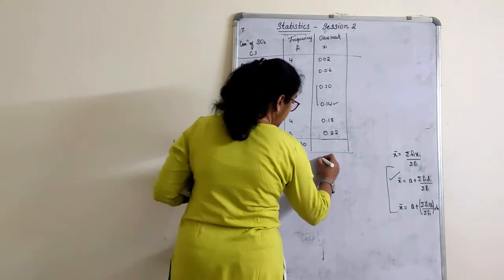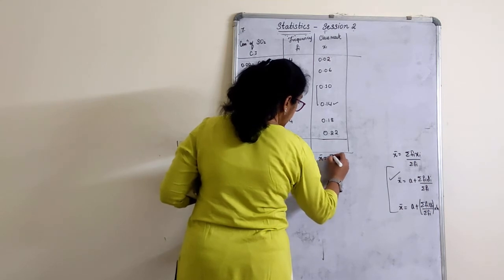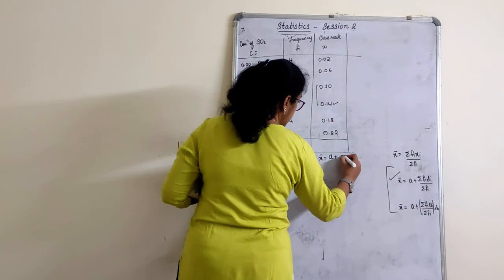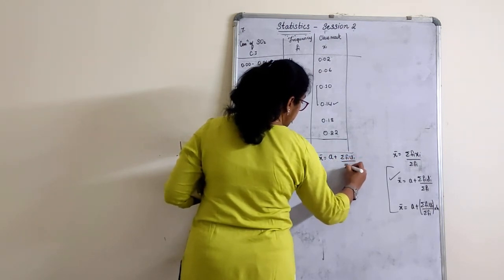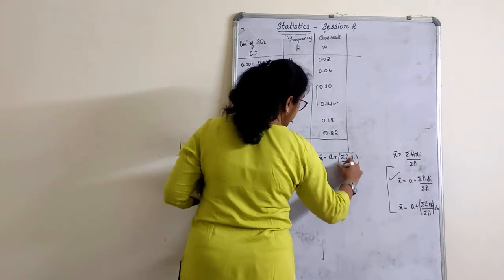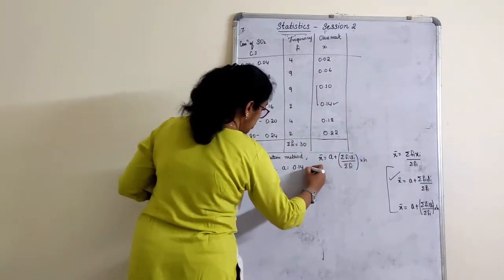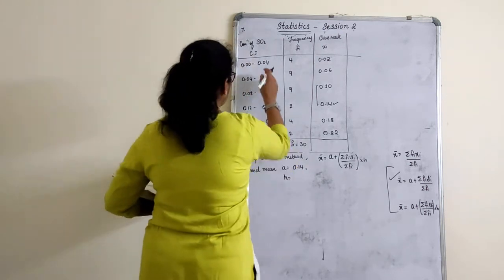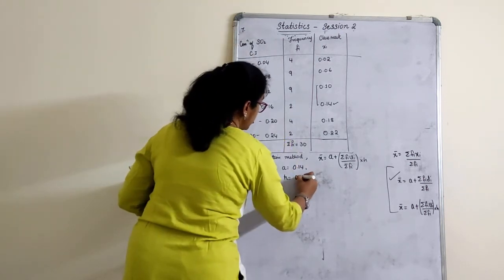So what's the formula? Mean is equal to assumed mean plus sigma fi ui divided by sigma fi, into h. Okay, h we have not written. It is the size of the class interval. Size of the class interval is 0.04.